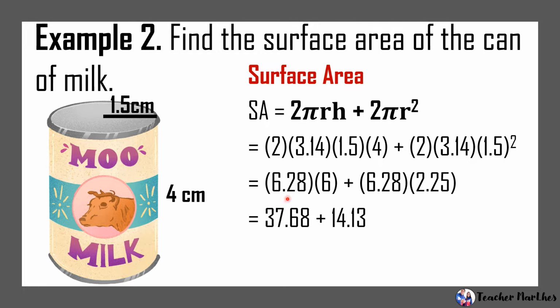Then, 6.28 times 6 is equal to 37.68 plus 6.28 times 2.25 is equal to 14.13. So, the surface area is equal to 51.81 square centimeters. Therefore, the surface area of the can of milk is 51.81 square centimeters.